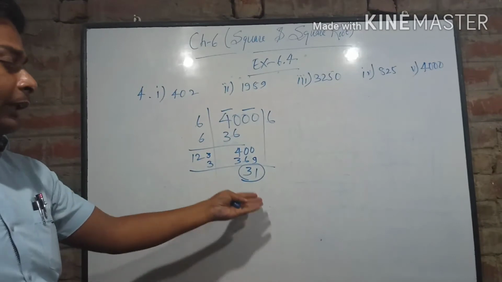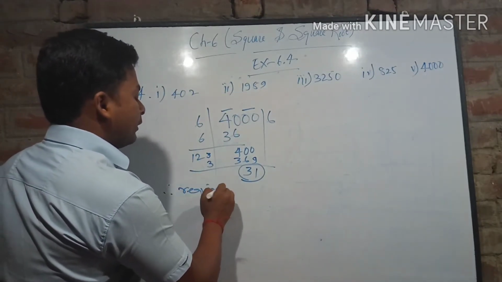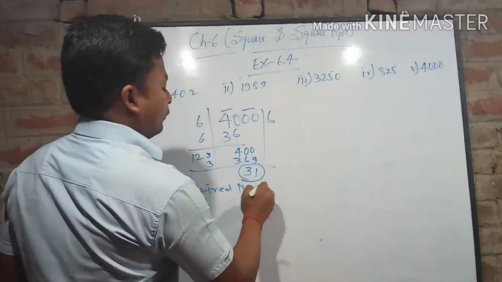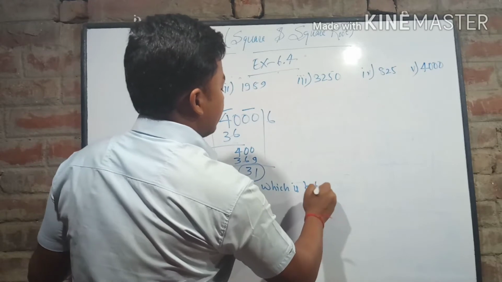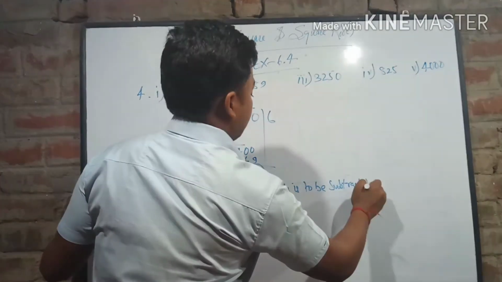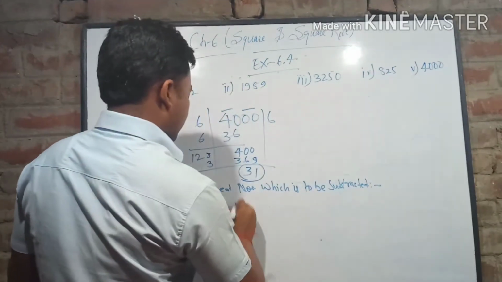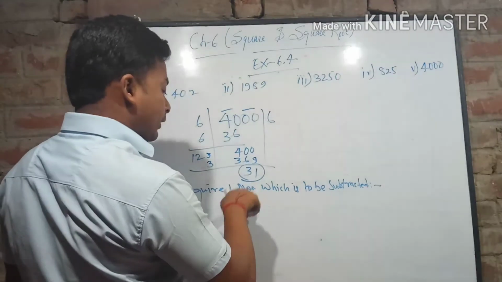So we have to subtract. What is our required number? The required number which is to be subtracted is 31.